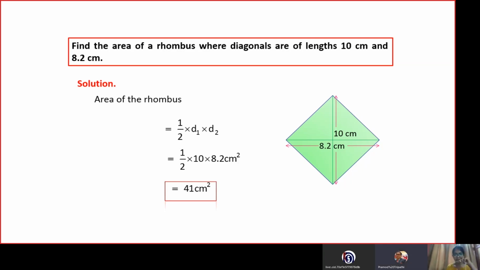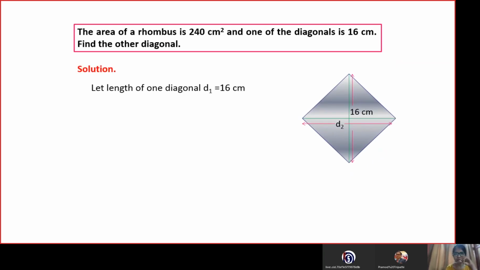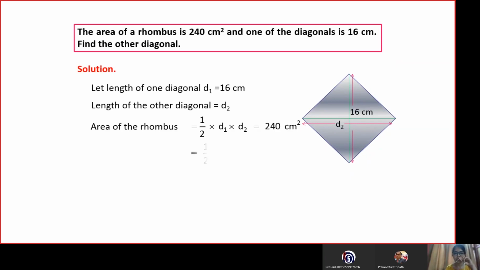Okay. Moving on. The other question says the area of a rhombus is given to us as 240 centimeters square. One of the diagonals is given to us, and we need to find out the length of the other diagonal. Children, just apply the formula. Substitute the values which have been given to you.